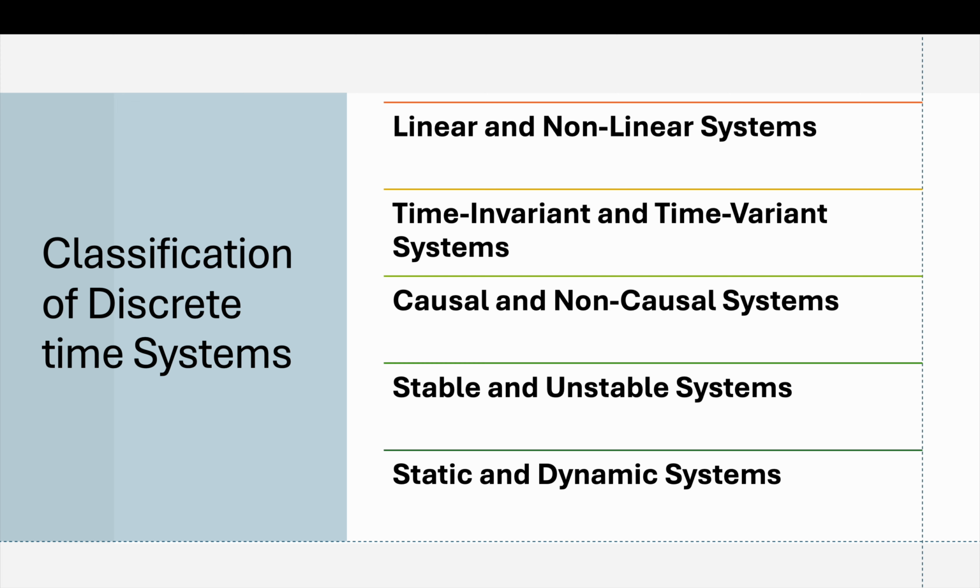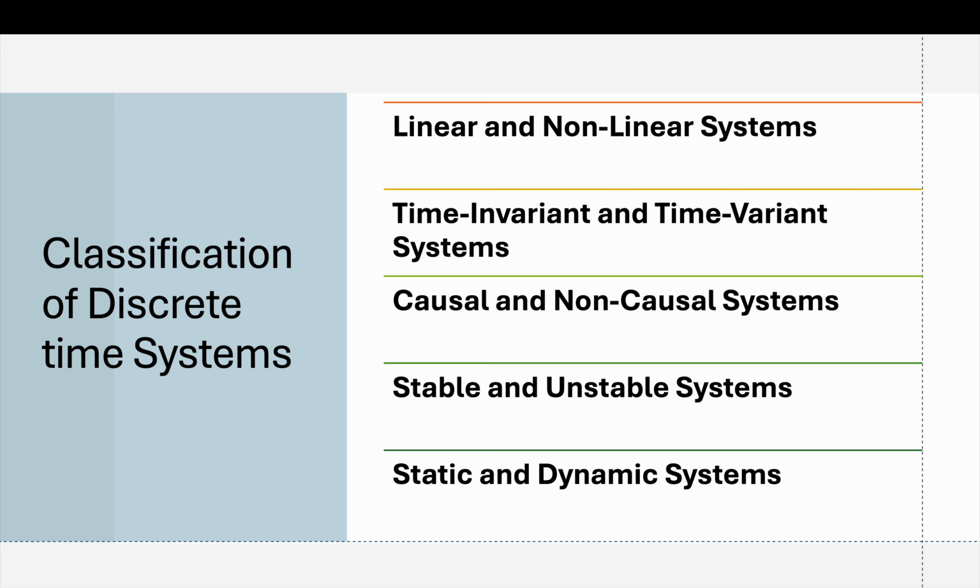And similarly, we have static and dynamic systems. What is meant by static? If the response of the system depends only on present inputs, then it becomes static. The response doesn't depend upon any previous values or any values other than the present.